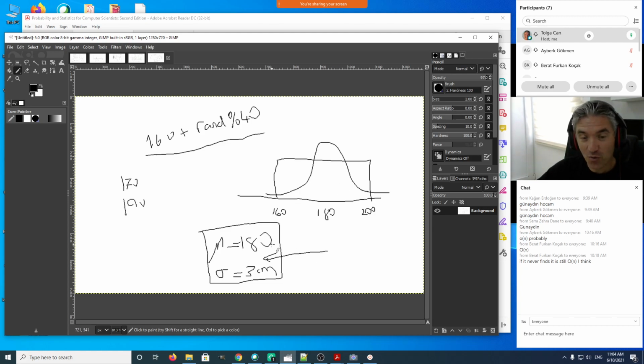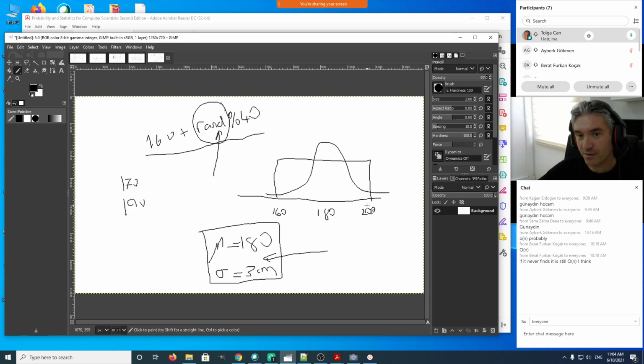How can you use your rand function, which gives you uniform numbers, to sample from a normal distribution, which will look a lot more realistic than uniform random numbers between 160 and 200?